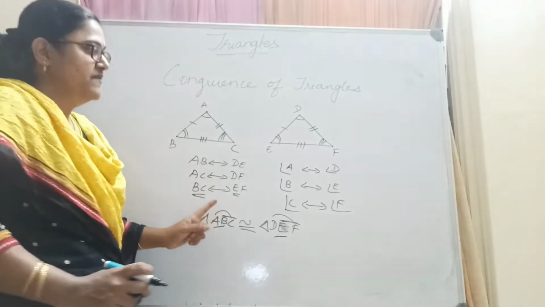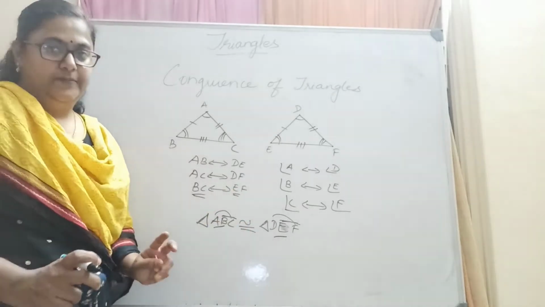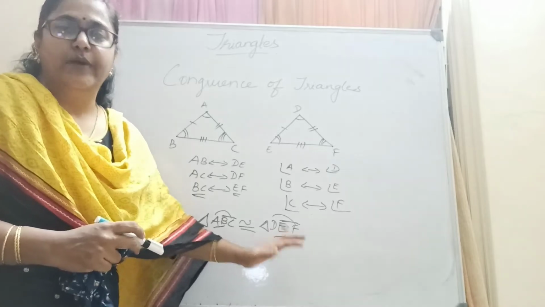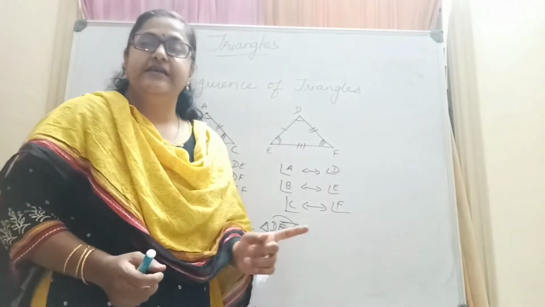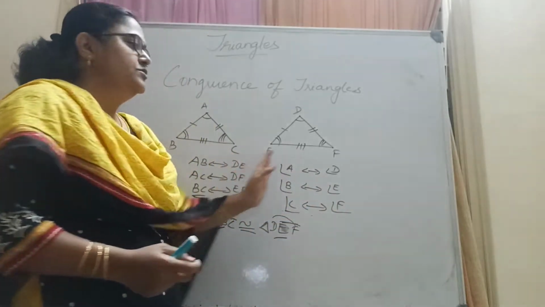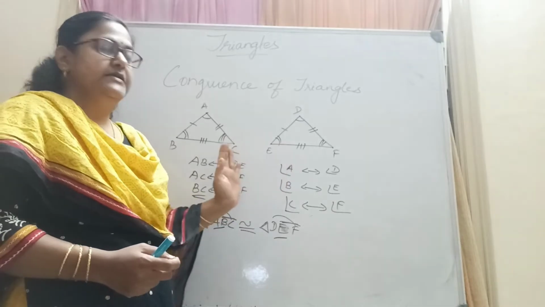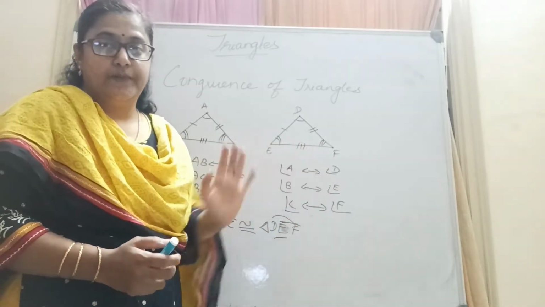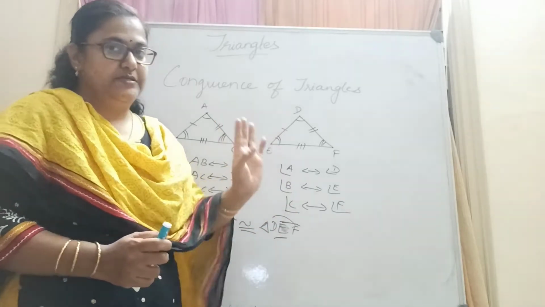Okay. This is how we find whether the two triangles are congruent or not. Now, all these 6 informations are not going to be used all the time. As I told you, we are not going to use all these 6 properties to prove whether two triangles are congruent or not. We are going to use only 3 properties from this.